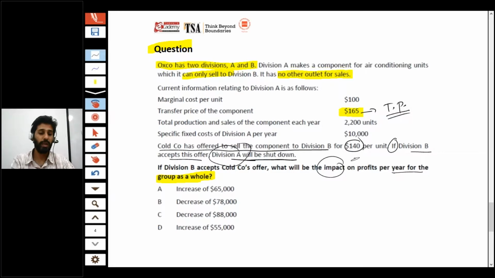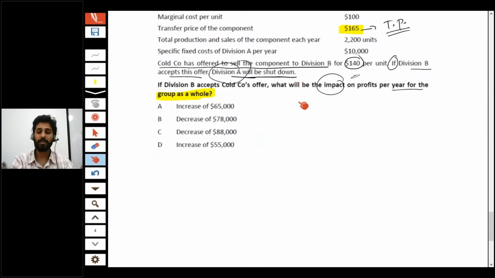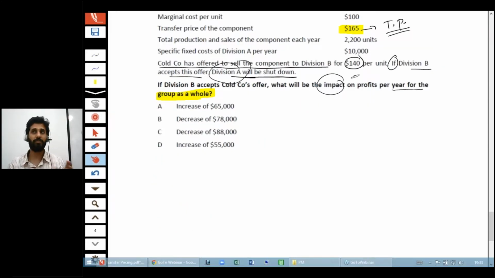Now imagine what would be the impact if I go outside to purchase from this supplier. The profit will be going out from the group, and I will be saving the cost.